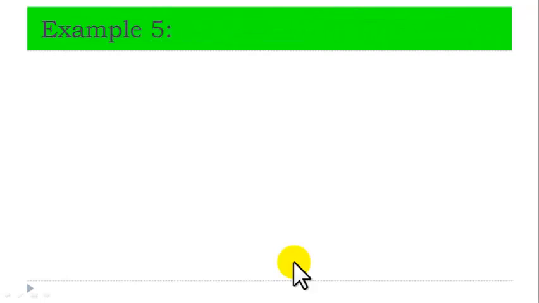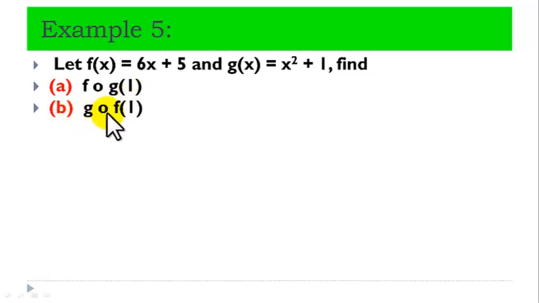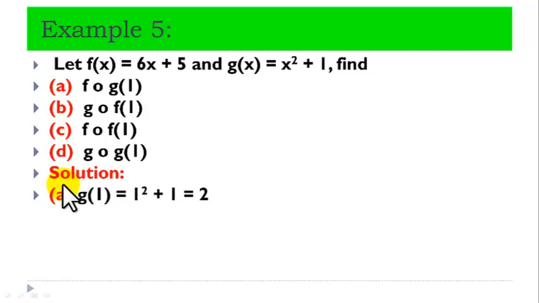Example 5. Let f of x equal 6x plus 5 and g of x equal x squared plus 1. Find A. f∘g of 1. B. g∘f of 1. C. f∘f of 1. D. g∘g of 1. Solution. A. To find f∘g of 1, we begin with g of 1.